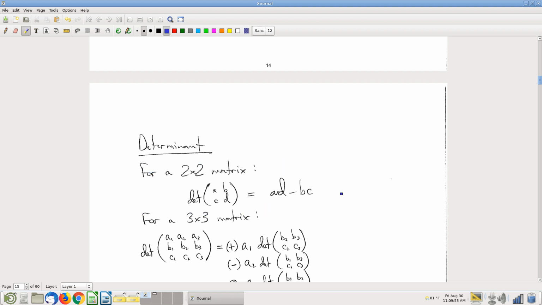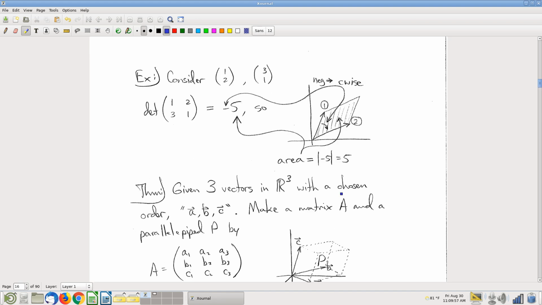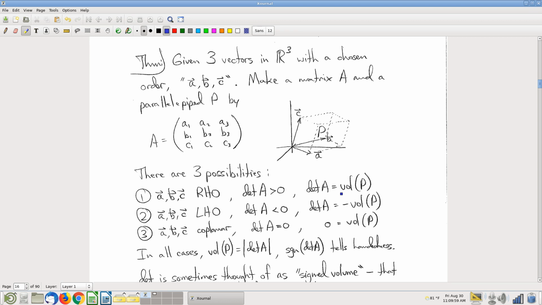And there's an analogous fact. Let me just squeeze in this last little thing here. There's an analogous fact if you have 3 vectors. So let's suppose you have 3 vectors in R3, A, B, C. You can write them algebraically or geometrically.